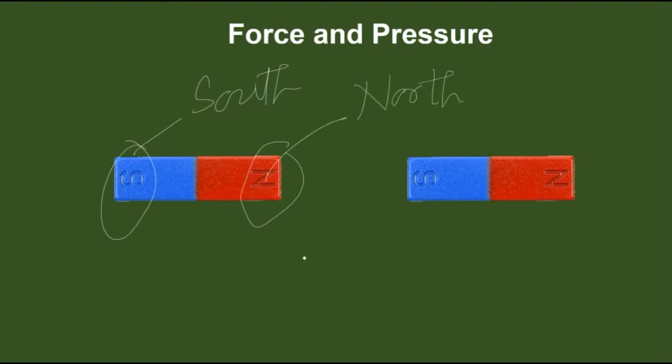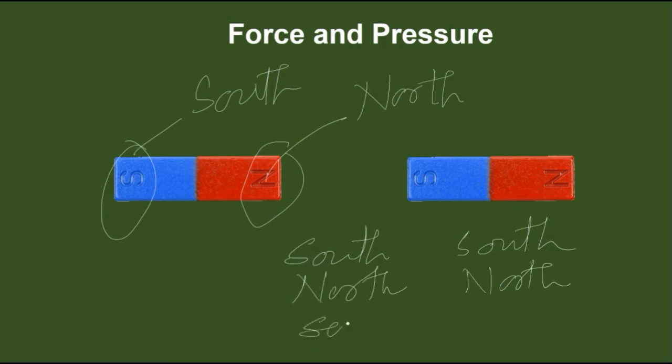You can bring the magnets in this way: south and south facing each other, or north and north facing each other, or south and north facing each other.